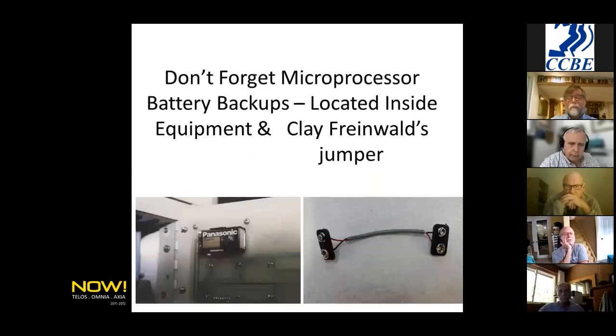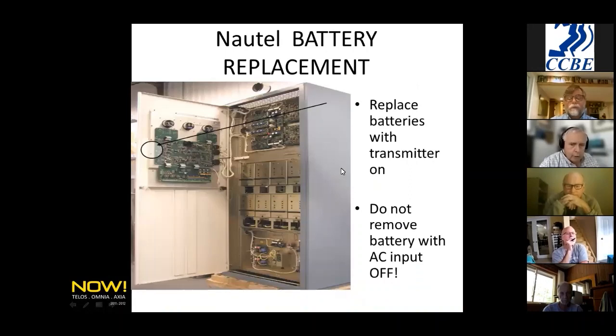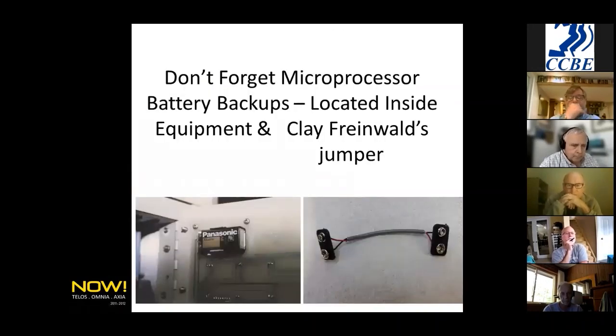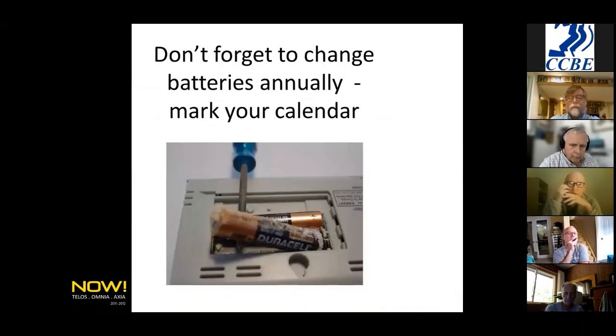This is really pretty neat. A lot of transmitters have battery backups for the microprocessors that are inside them. In this particular case, an engineer out in Seattle, Clay Freenwald, has come up with a little jumper. As you saw in the previous slide, it showed the corrosion that occurred around the contacts.